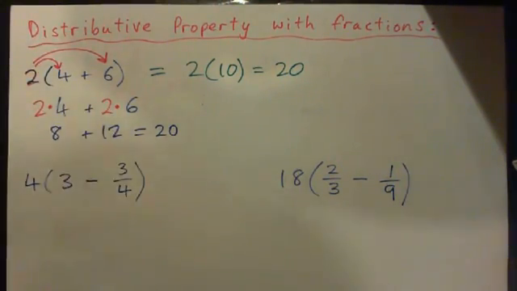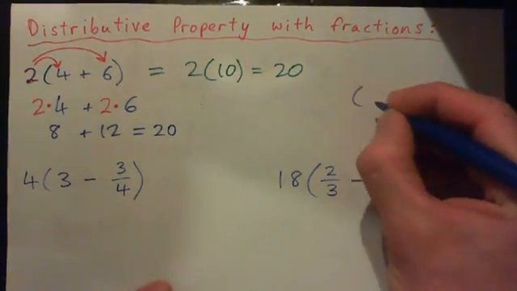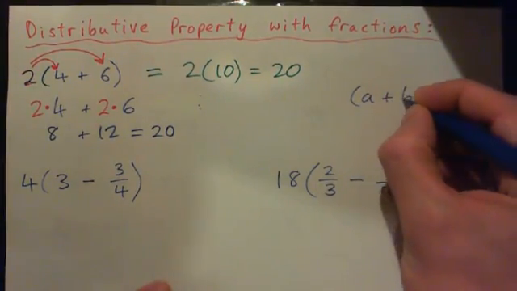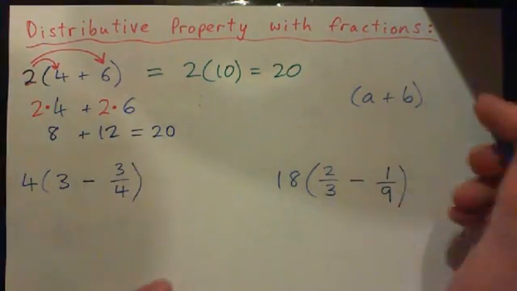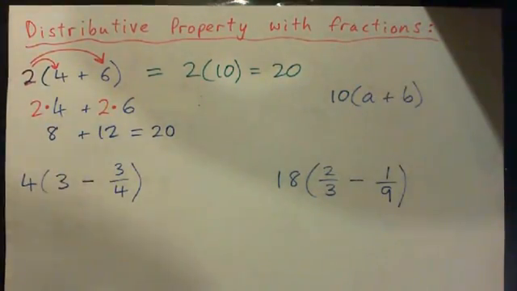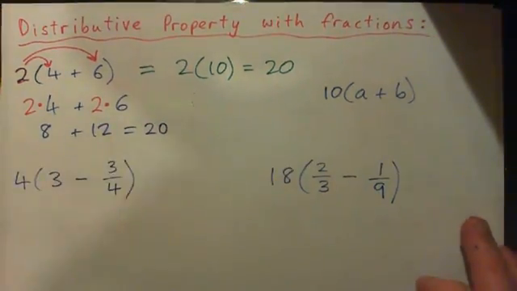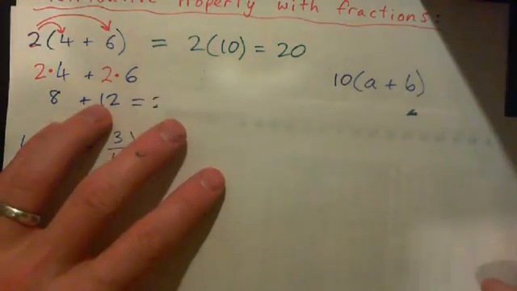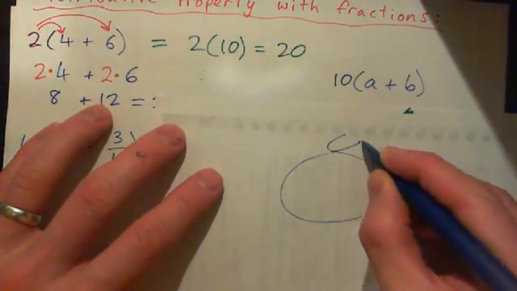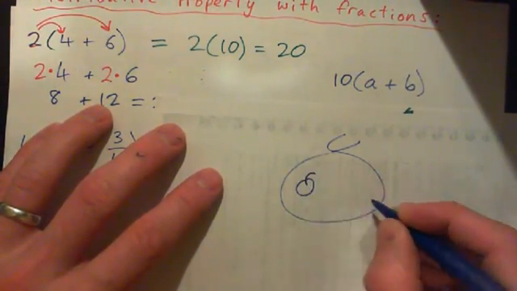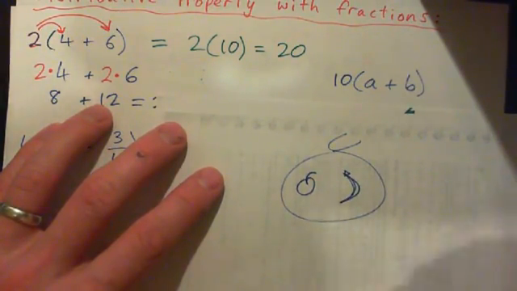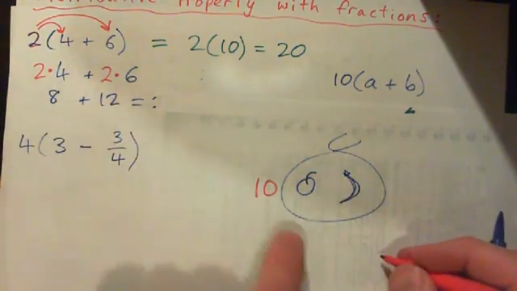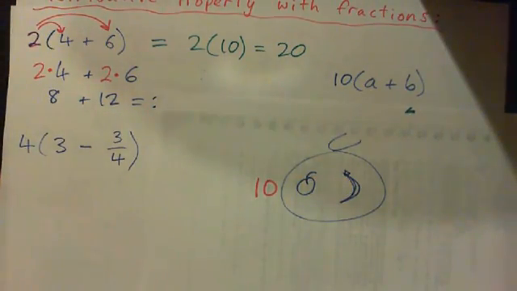Another quick way to look at it is, if you had a bag, and inside the bag there was an apple and a banana. If somebody put the number 10 outside here, what are they trying to communicate? Let me draw you a picture. Here's a bag, here's an apple, here's a banana, okay? And if somebody comes along and writes the number 10 right beside the bag, what are they trying to say?